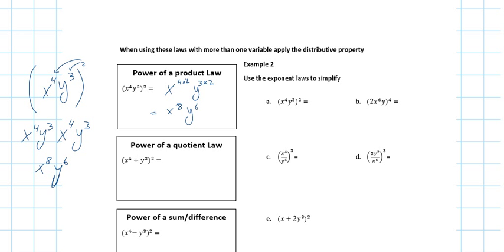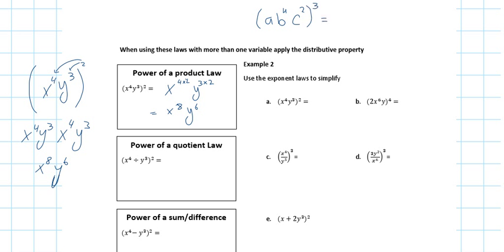So you see that the exponent here is multiplied into each term inside the bracket. Okay? So let's say if I had a to the power of 1, b to the power of 4, c to the power of 2, all to the power of 3.